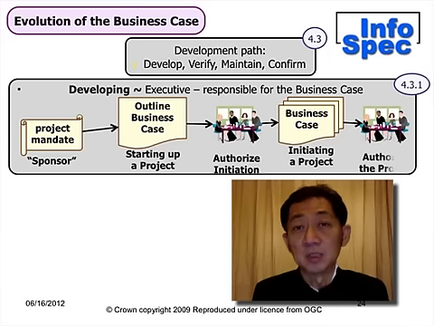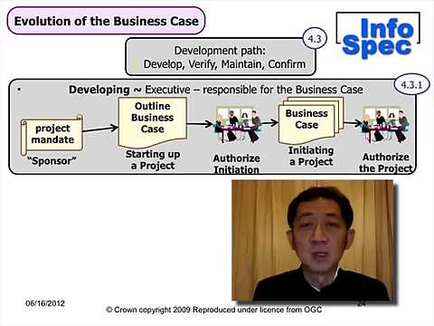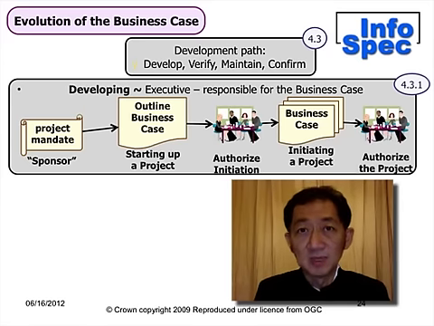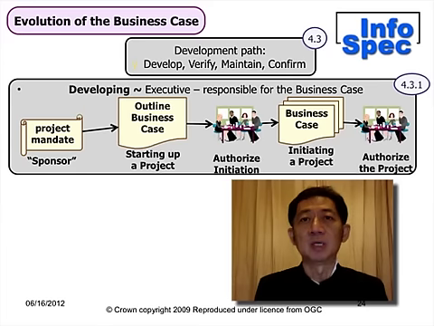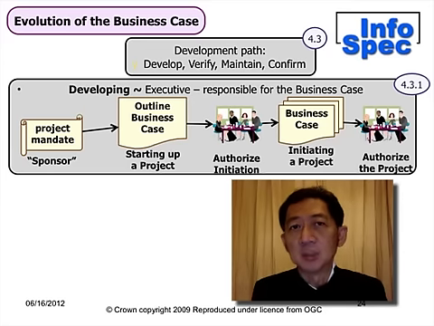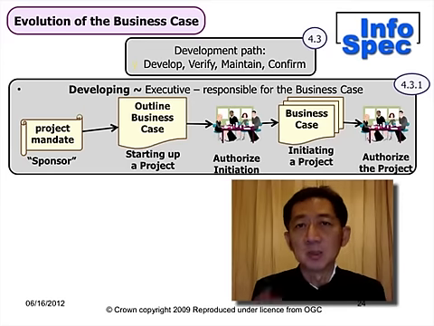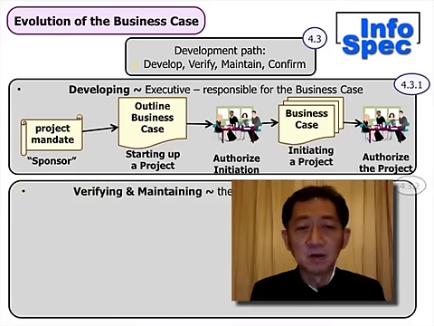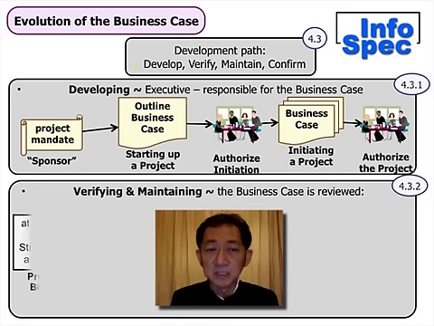It's no surprise that while you're developing the full business case, it has to be done iteratively together with the other aspects of initiating a project, which we'll look at when we cover the initiating a project process. At the end of that, the project board again needs to authorize the project. So this is the main detailed planning and analysis work before the actual project of producing the specialist product starts. So this is a sequence of development of the business case.